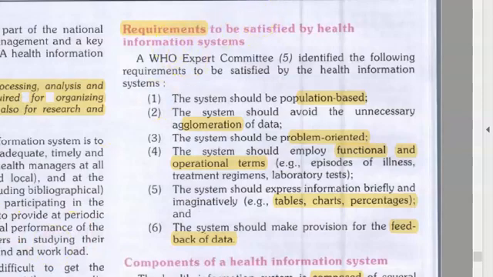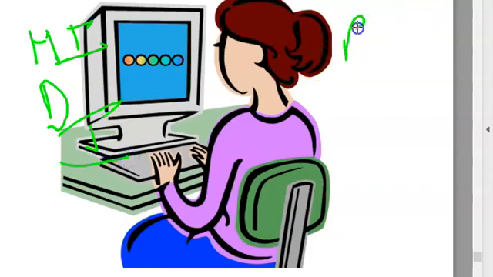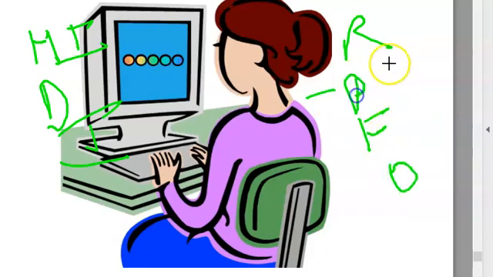What and all are the requirements? So till now, what and all we saw? We saw health information system, what the definition is. We saw the difference between data and information. Now we are looking at the requirements as per WHO. It should have some functional terms, operational terms. Basically, it should be problem oriented. Unnecessary data should not be there. What was the first one?